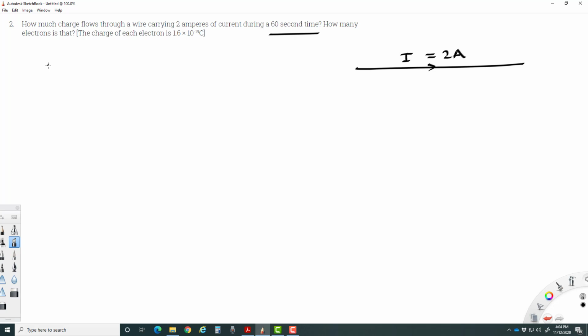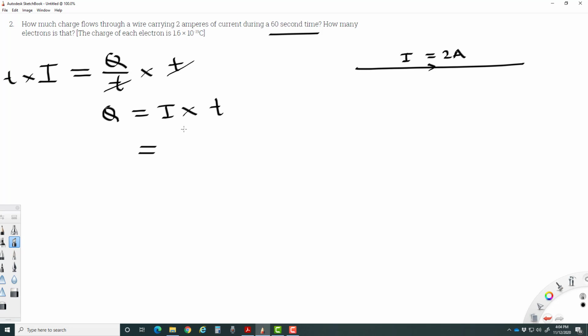So we have this definition of current. Current is charge over time. We want to find charge, so multiply both sides by T. That means you can cancel that and that, so Q would be I times T. So I is 2 amperes and time is 60 seconds, so that gives me 120 coulombs.